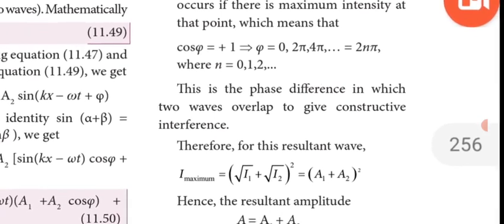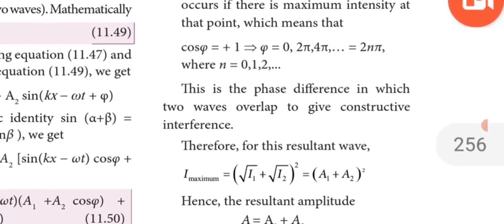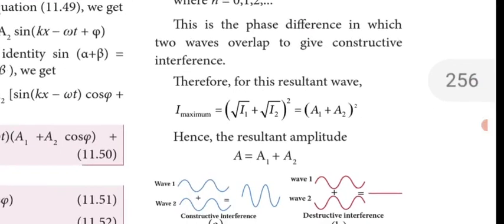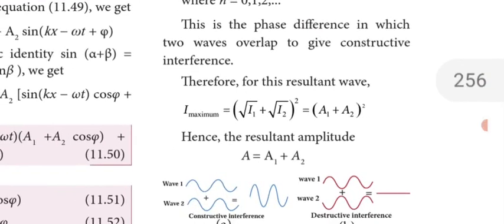So this is the phase difference at which the two waves overlap to give constructive interference. I maximum will be given as root of I1 plus root of I2 whole square, that is a1 plus a2 whole square.